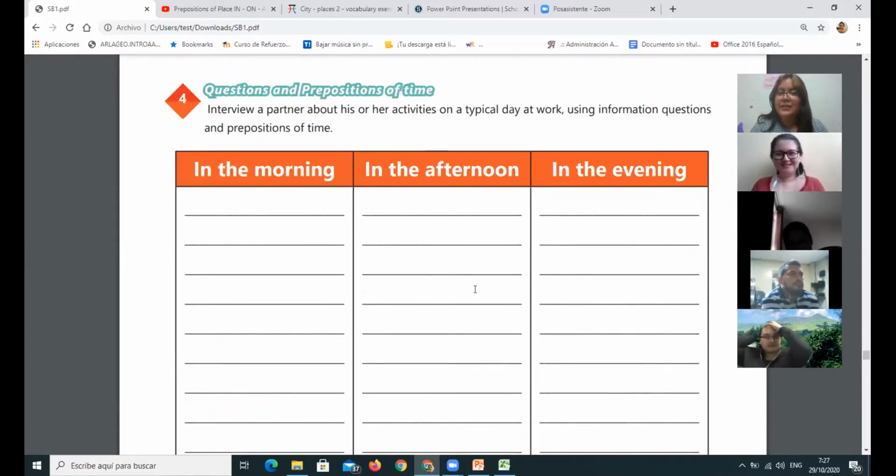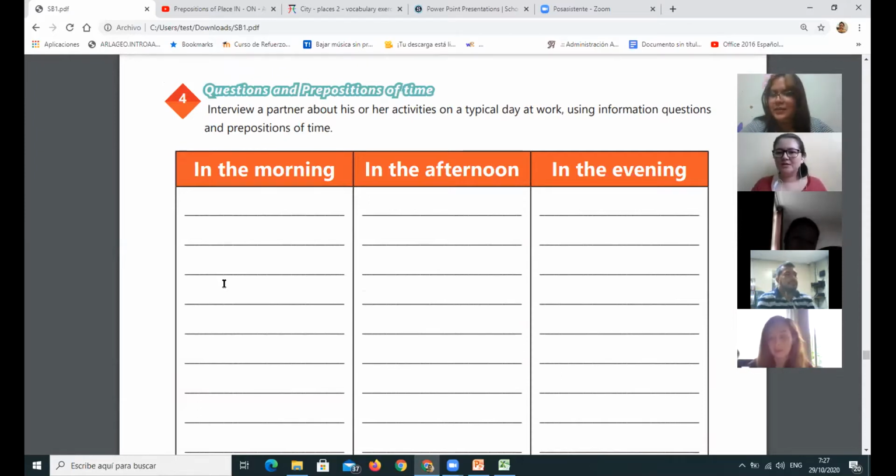In the last activity, you have to write routines, right? In the morning, what information do you have in the morning? Do you send emails in the morning? Okay, good, good. In the afternoon, what do you do in the afternoon?